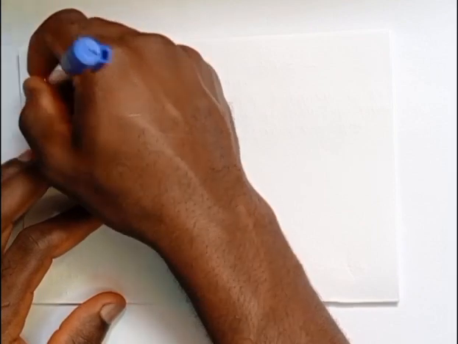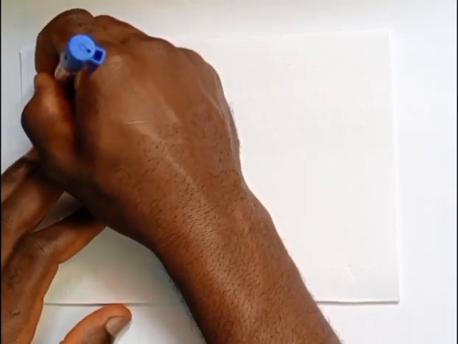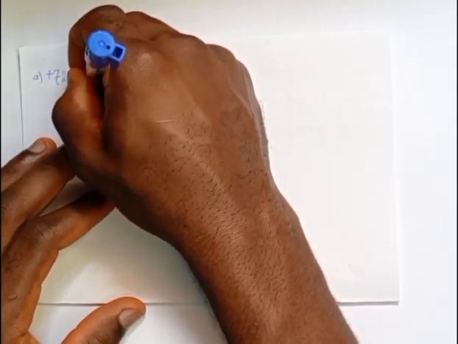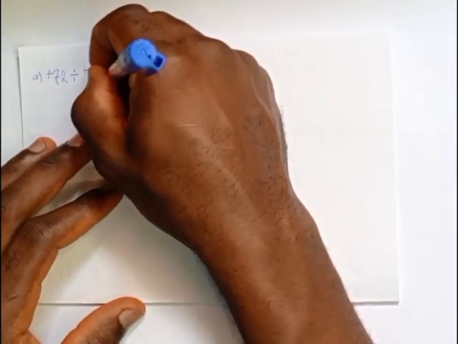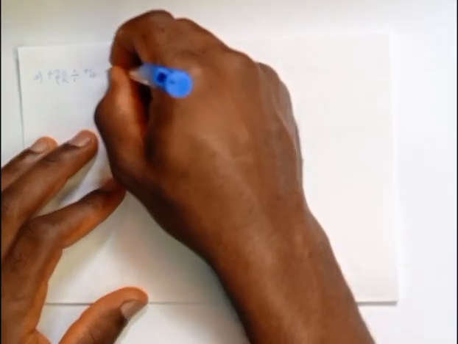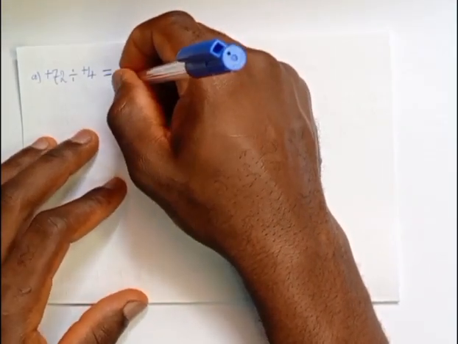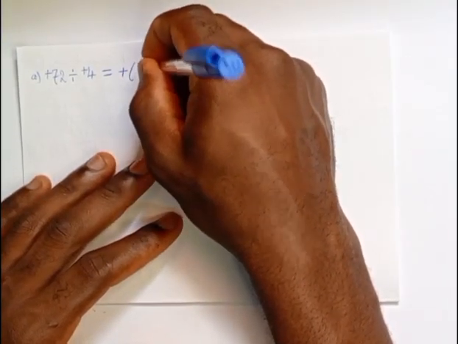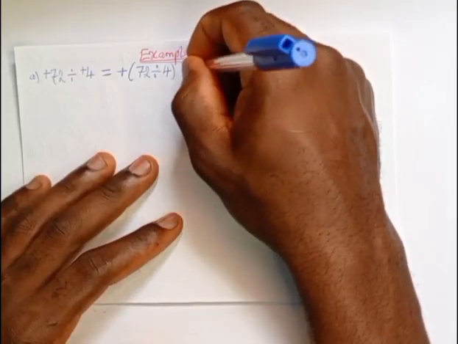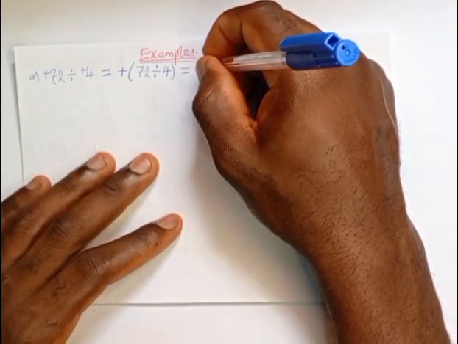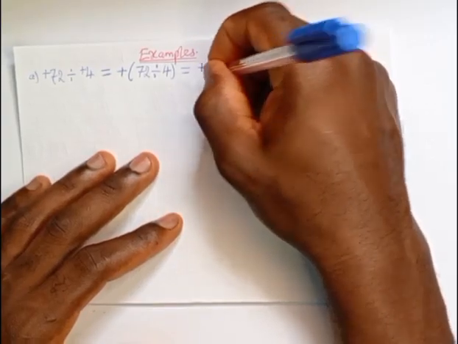For the first one here, we have a positive 72 divided by positive 4. This will simply be equal to applying the sign rule, dividing two positive numbers, the resulting sign will be positive. Then we divide their absolute values, 72 divided by 4. This will simply be equal to positive 18.